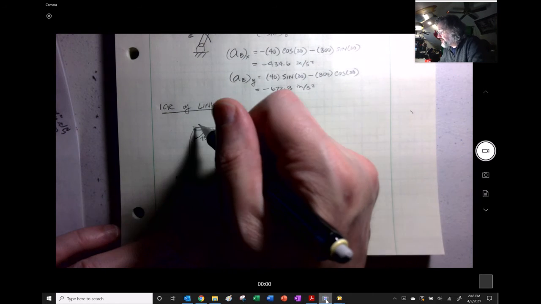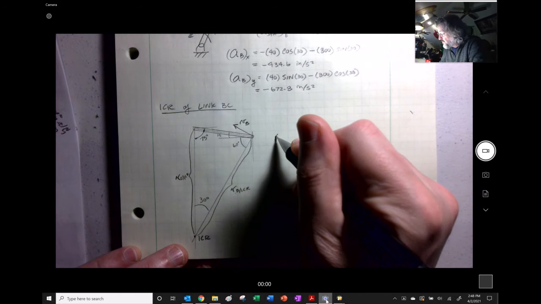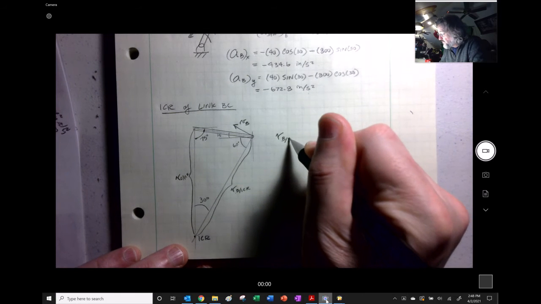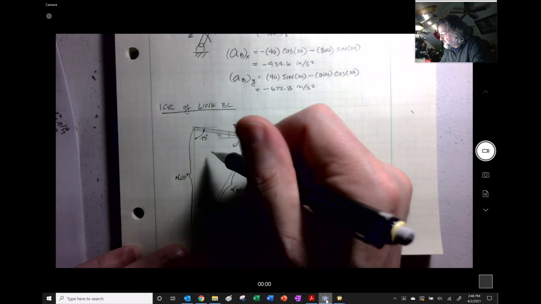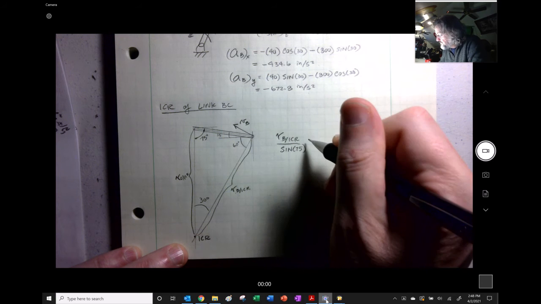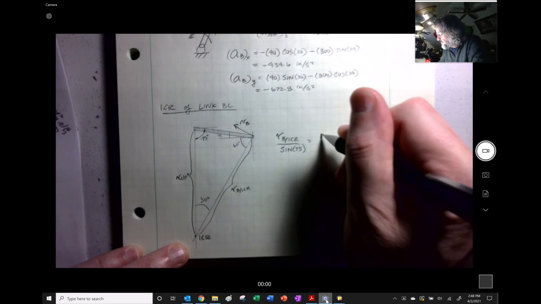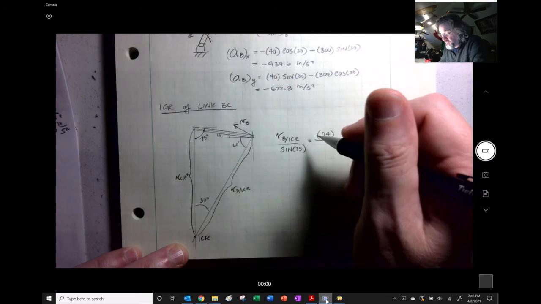This one has a length of 24 inches. So RB with respect to ICR divided by sine of 75 equals 24 divided by the sine of 30.